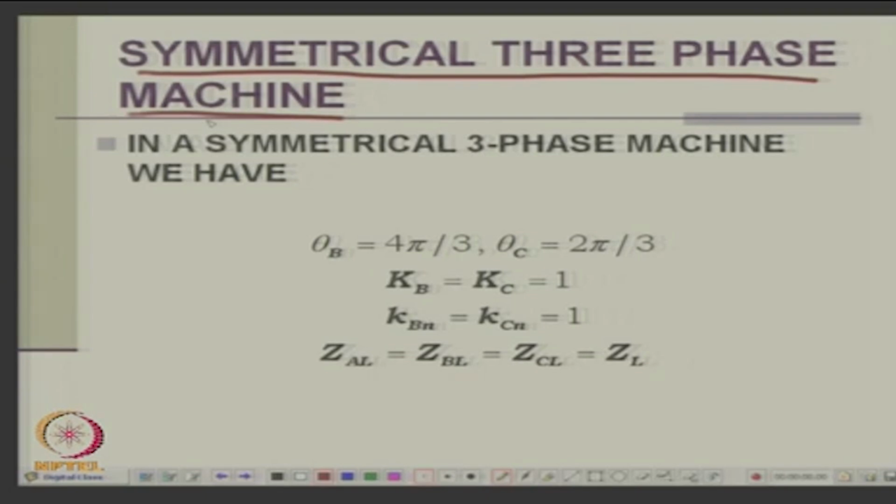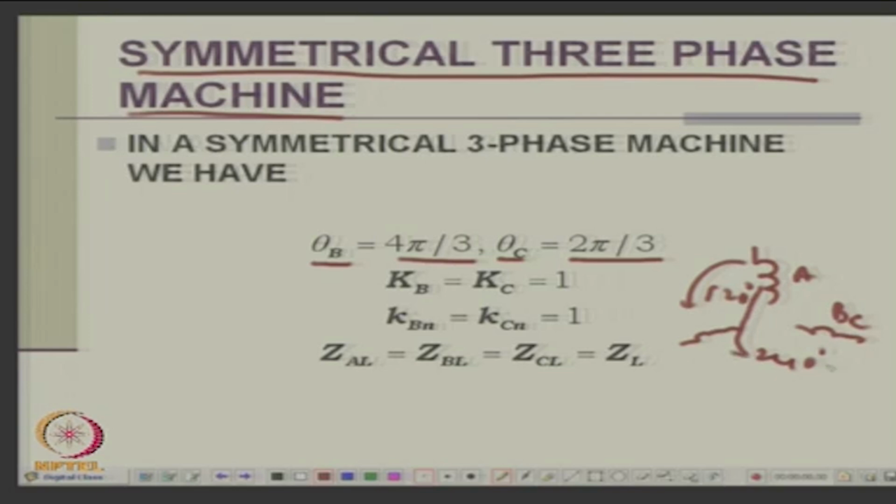Now, if it is a symmetrical machine, what are the angles? Theta B is 4 pi by 3, that is 240 degrees, and theta C is 2 pi by 3, because this is a purely balanced symmetrical machine. A, B, C: this is 120 degrees and this is 240 degrees, and KB and KC are equal to 1. Therefore, for the nth harmonic also it will be the same, 1, and ZAL equal to ZBL equal to ZCL, the leakage impedances will be the same, with the same resistances and same leakage reactances in a symmetrical winding.